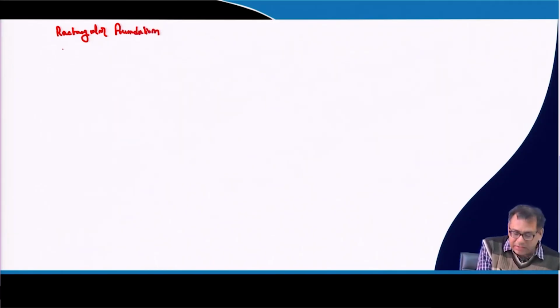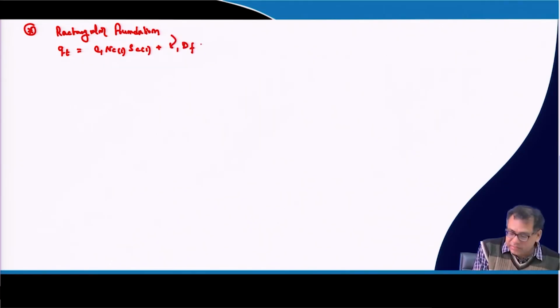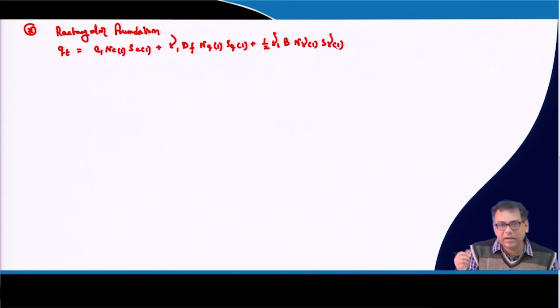if you write how you can write QT, QT again I can write as C1 NC1, then the shape factor you have to apply, SC1, plus gamma 1 df NQ1 SQ1 plus half gamma 1 B N gamma 1 S gamma 1. 1 is for the first layer, 2 is for the second layer.